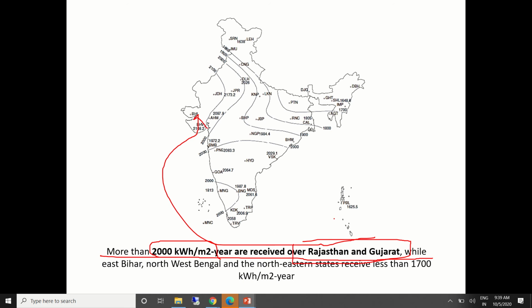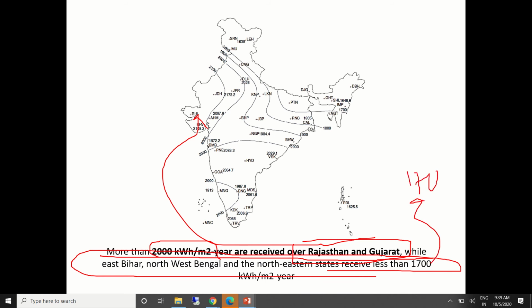So plenty of direct solar radiation can be observed here. Whereas in the northeast states, almost 1700 kilowatt hours per square meter can be observed. In all other parts, you can see the 2000 line.